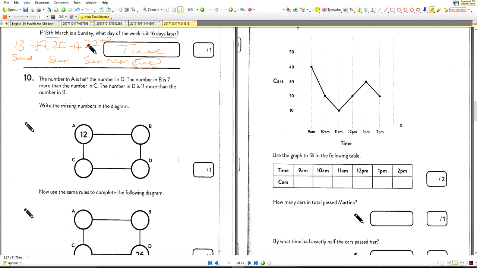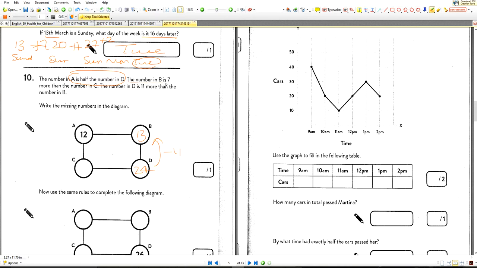The number in A is half the number in D. So our D should be double that number, so that should be 24. The number in B is 7 more than the number in C. The number in D is 11 more than the number in B. So this number here is 11 more than the number in B, so we have to minus 11 and go backwards. 24 minus 11 gives you 13.